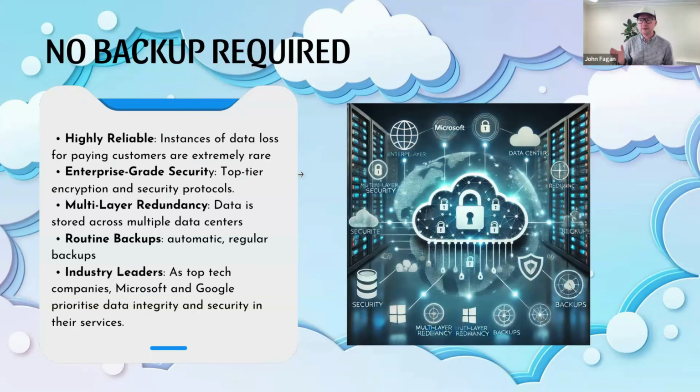So I did a bit of Googling. There are very rare instances of data loss for companies like Microsoft with Office 365, and Google, because they have enterprise grade security, way better than anyone else will have. They have multi-layer redundancy, so data is stored physically in multiple data centers.